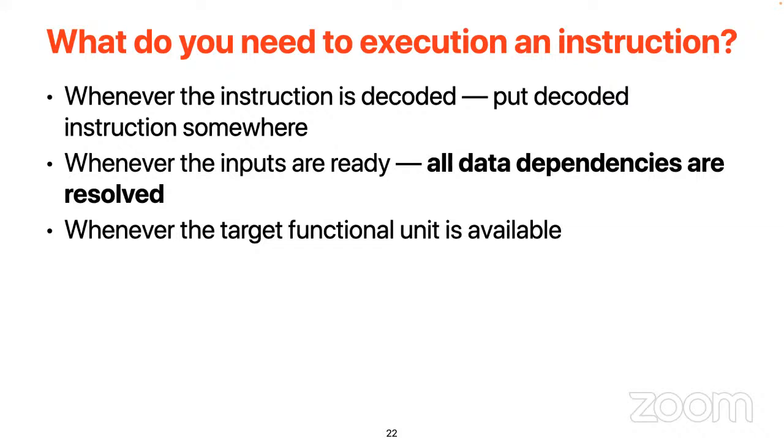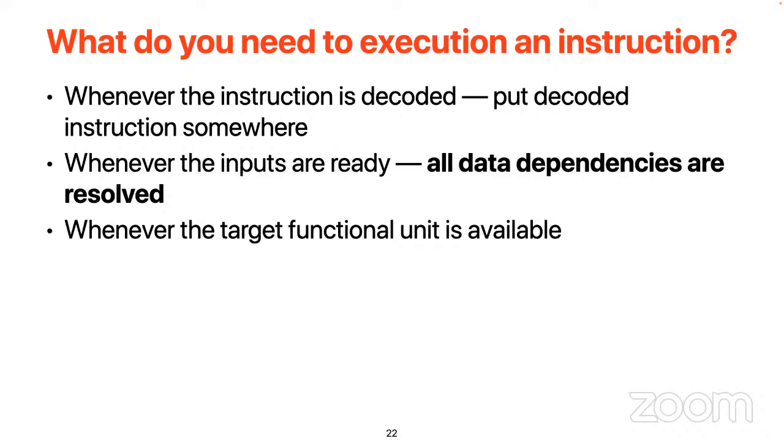It's pretty much like the DMV. Whenever we figure out what kind of business you want to deal with, whenever you have all the documents ready and all the forms filled, whenever there is still a window open for you, why can't you go ahead and get your stuff done, right? That's the ultimate idea. How can we make the DMV more efficient?